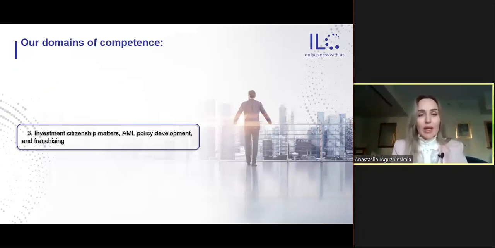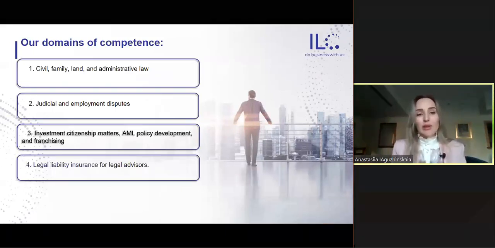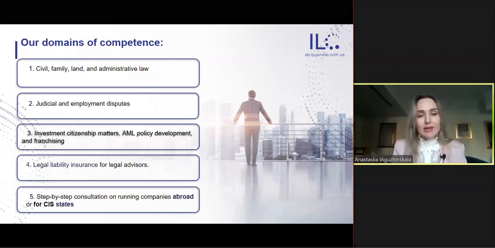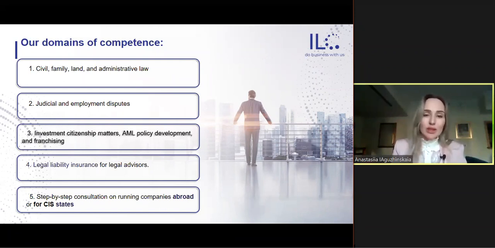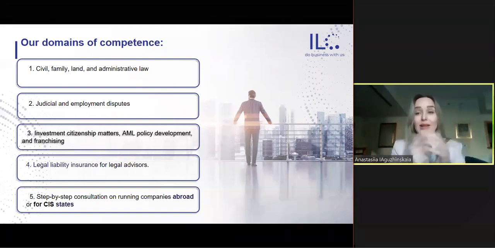Our domains of competence. So, civil, family, land, and administrative law, employment disputes, investment citizenship matters, and AML policy development and franchise law. So, legal liability insurance of legal advisors and step by step counseling to establish a company abroad or in CIS member states.